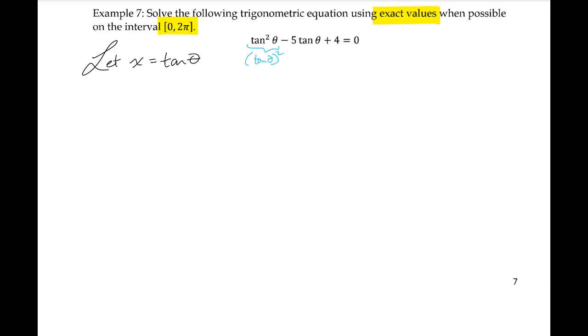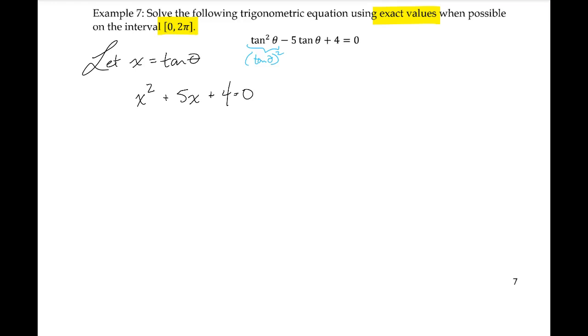So just so you know, that's what that means. Which means instead of writing tan squared theta, I'm going to write x squared plus 5x plus 4 equals 0.